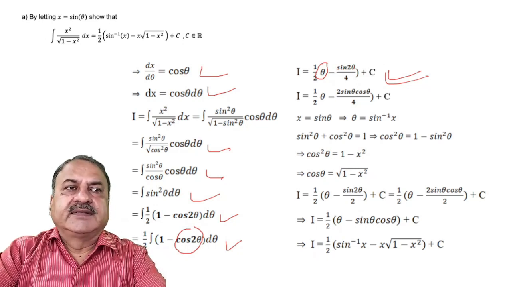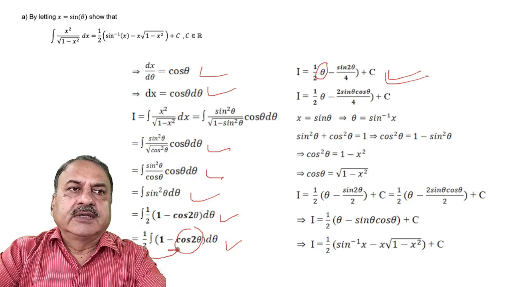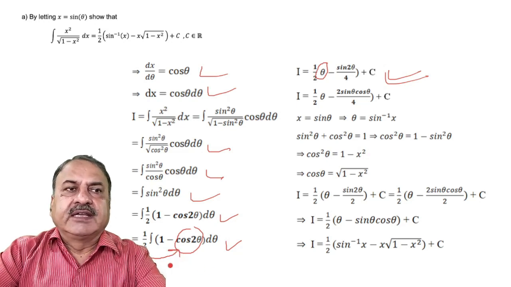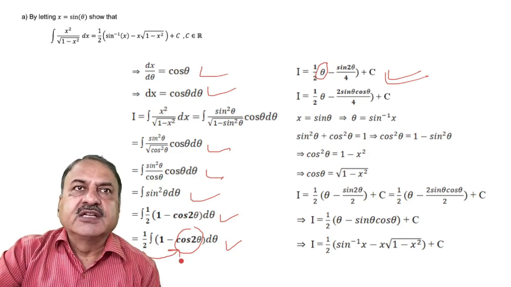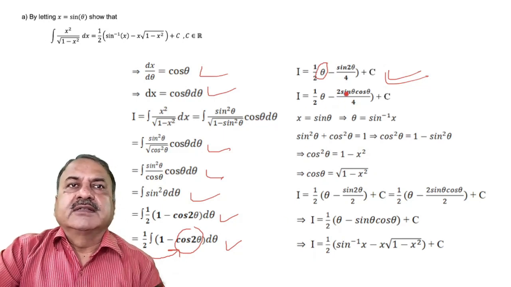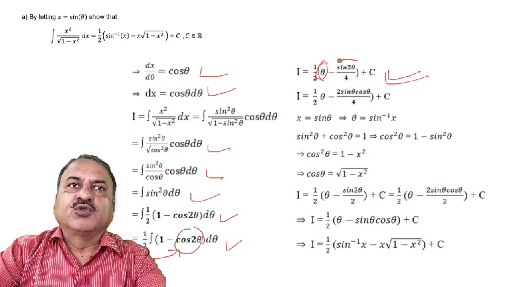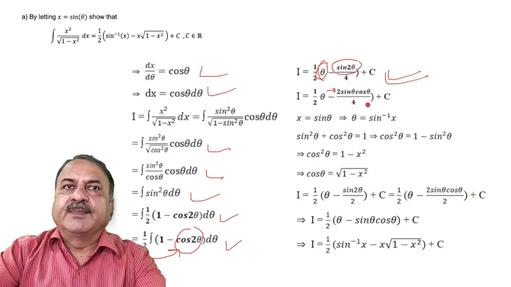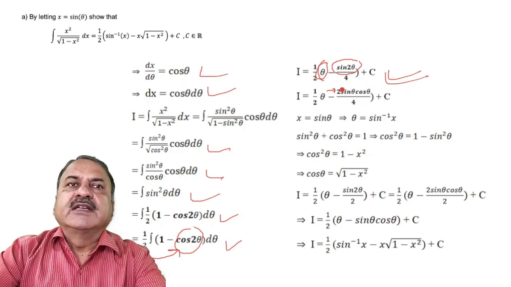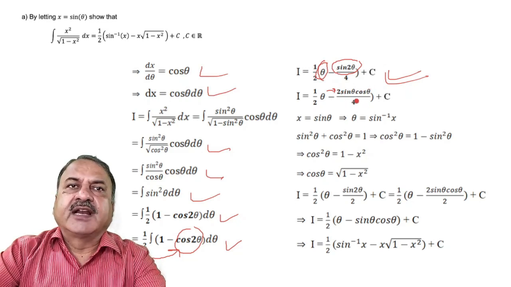but this 2 is in multiplication, so we got sine 2 theta divided by 4. Sine 2 theta is 2 sine theta cos theta. So we simplified it and we got sine theta cos theta divided by 2.